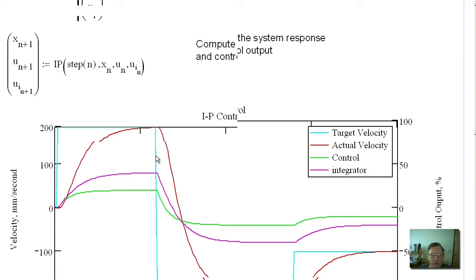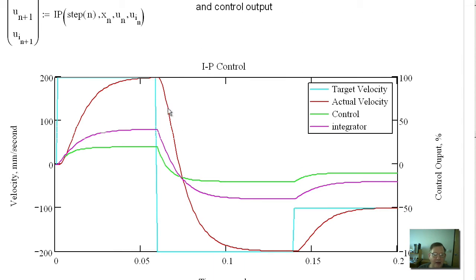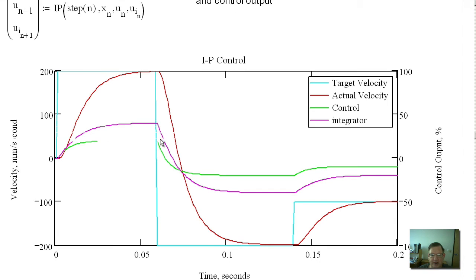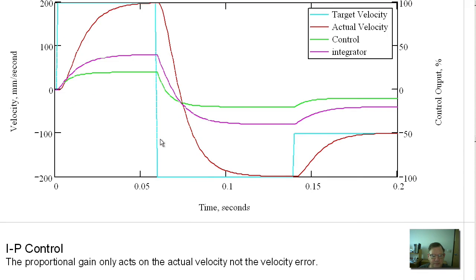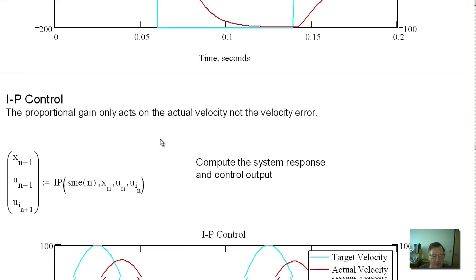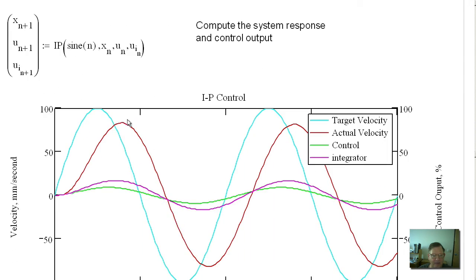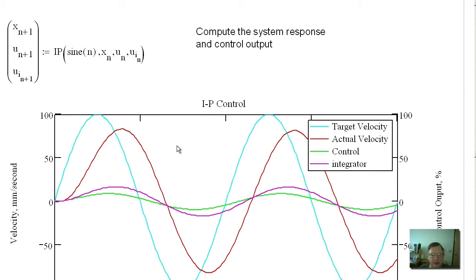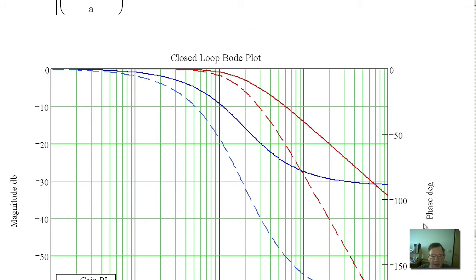It takes almost a whole 50 milliseconds to get to the target velocity of 200 millimeters per second. You can look at the sine wave. We can also see the sine wave has got a little bit more attenuated and a little bit more phase lag. So let's go down and take a look at the Bode plot.